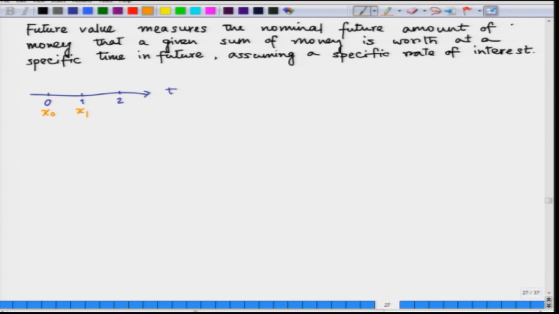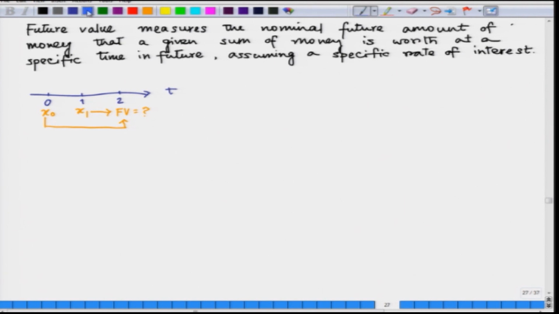So, then we will be interested to know what will be the future value of these two payments in period 2. So, basically in the future value computation x naught will come and x 1 will come as well, but through some mathematical procedure.